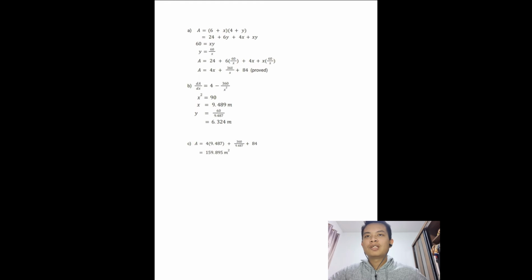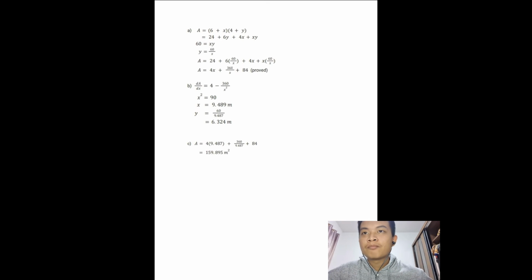And for B, what dimensions of the fish pond will minimize the combined area? I differentiate, so dA over dx equals 4 minus 360 over x squared.